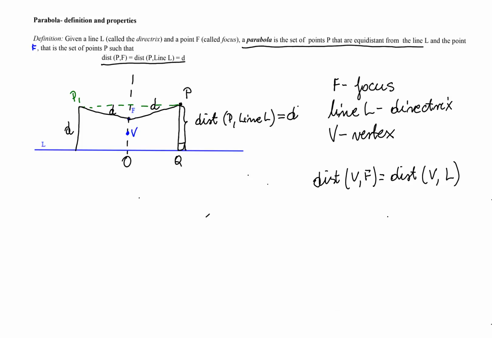And therefore, the point P1 is going to be on the parabola. So the parabola is symmetric with respect to the line FV.